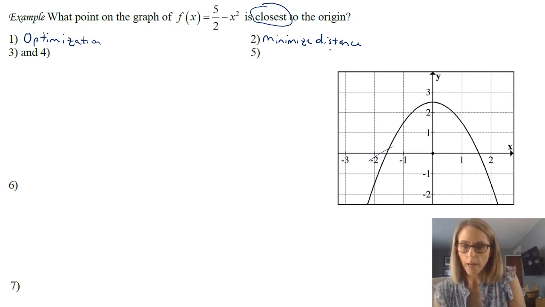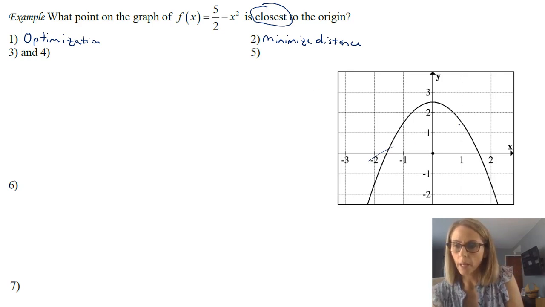So, just by eyeballing it, you might be able to say it's probably going to be somewhere around here. And that's just a guess, but what's important is the fact that you're trying to get close to the origin, which we know is (0, 0). And then we have some point out here, which is (x, y).